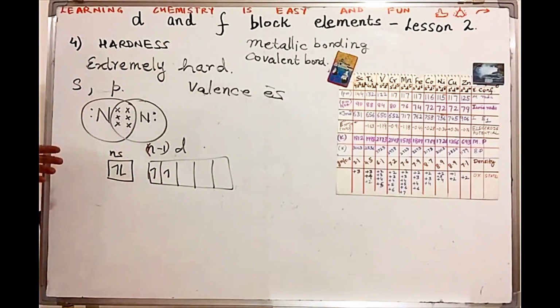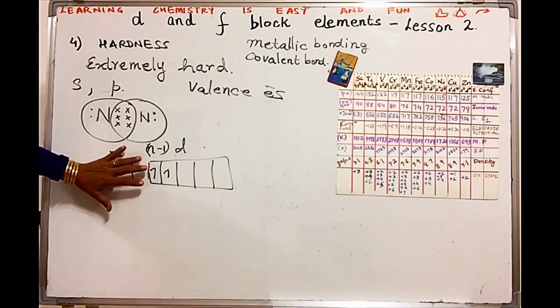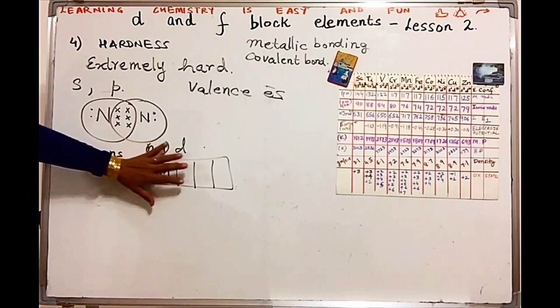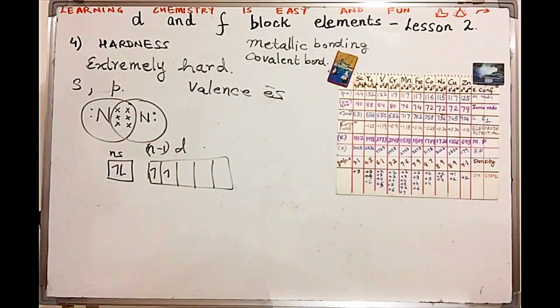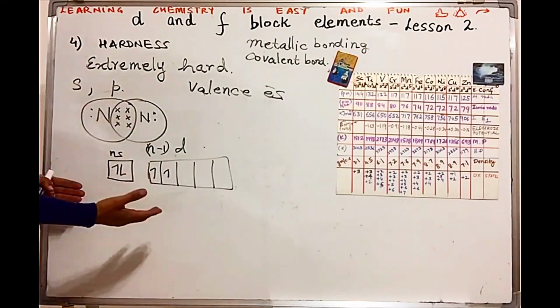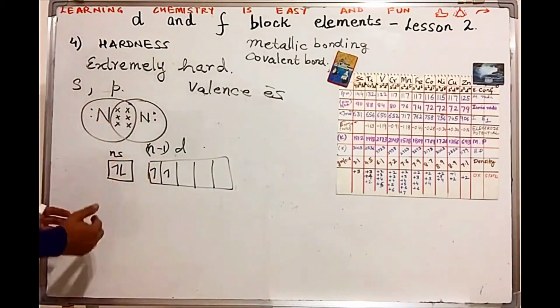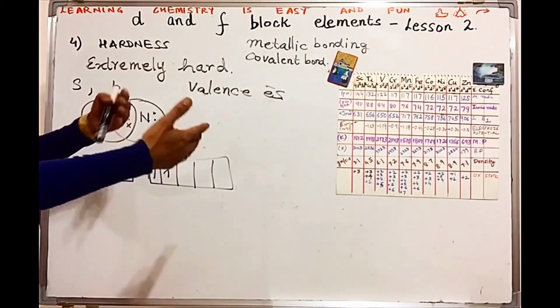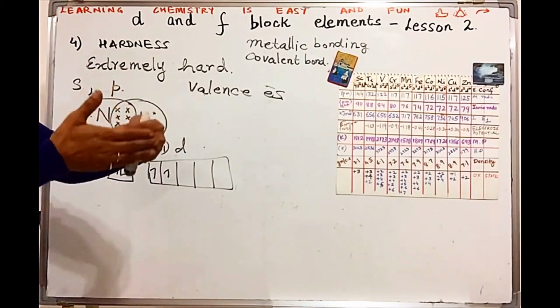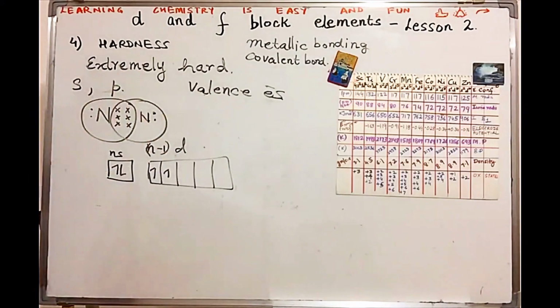So what we've got over here is the hardness explained on the basis of the number of unpaired electrons in any atom. So the more the number of unpaired electrons, the more is the tendency for them to go and find some partners so they can overlap, so that they can complete these electrons.